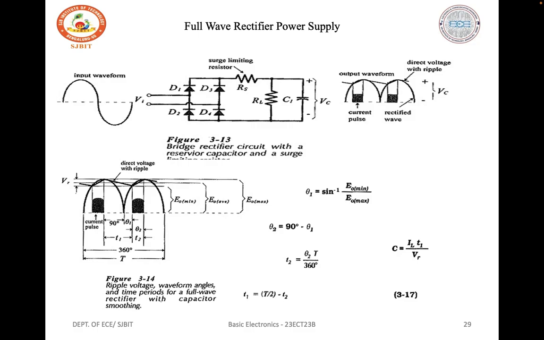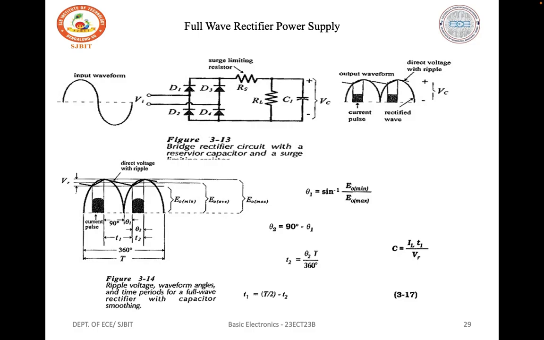So another difference between the half wave and full wave rectifier power supply circuits concerns the reverse voltage applied to the diodes. Considering the figure, when the instantaneous input voltage is plus Vp as illustrated, Vp is applied across forward biased diode D1 in series with reverse biased diode D3.